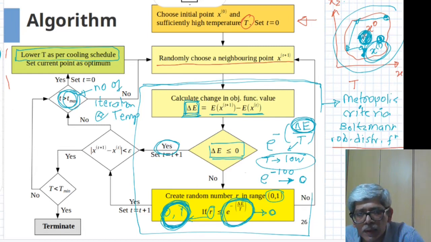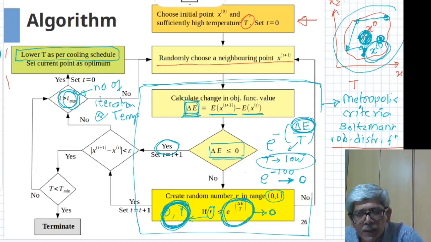Once in the initial cycles you have got an idea about the distribution of your objective function, as you move towards the end of the algorithm where the temperature reduces, the probability of finding a point which is far off from whatever minima you have found keeps on decreasing. So towards the end you will always be attracted towards the minima point.